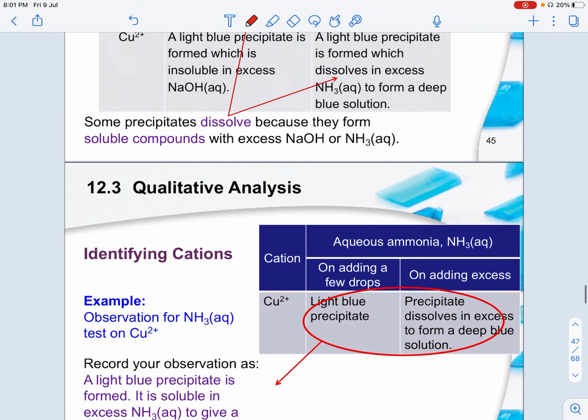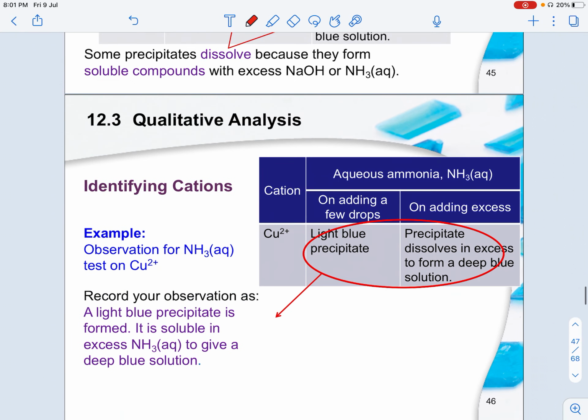Some of these precipitates can dissolve because they form soluble compounds when in excess of either of the chemicals. So for example, you might be tested, given this cation, what is the precipitate formed and what is the color formed. Do take note, you can form a deep blue solution when dissolved in aqueous ammonia, but not for aqueous sodium hydroxide.